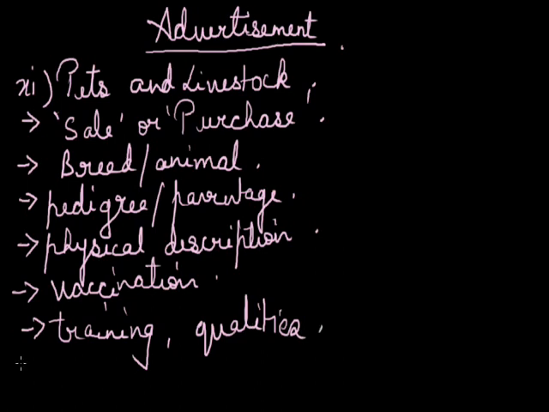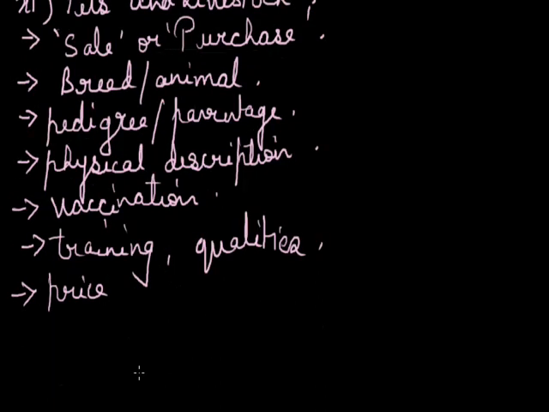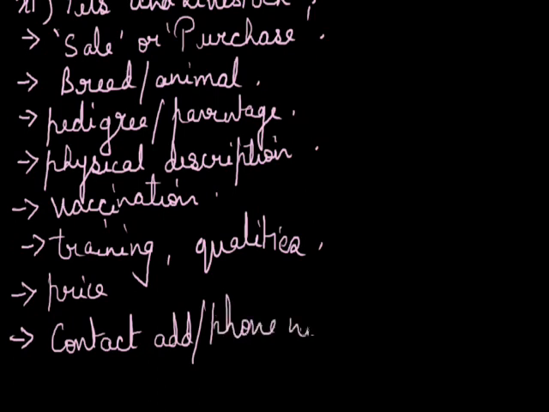Then you need to state the price expected, and the last thing which you need to give is the contact address or the phone number. Giving you an example of it, it's just a question to give you the idea of how to write the advertisement for pets and livestock.